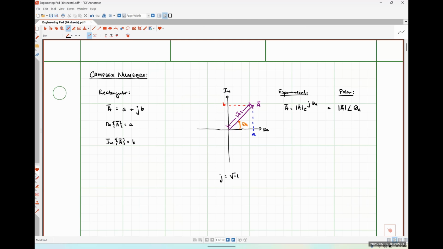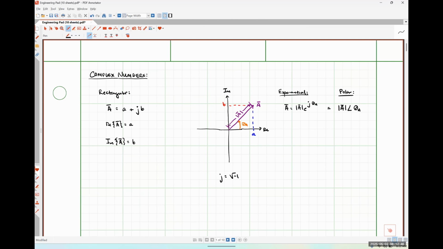So let's talk now about how we could potentially switch back and forth between these two different relationships by hand, okay? So our complex number, as we've drawn it on this complex plane, is just a simple right triangle, right? So if we want to figure out what the length of that vector is, that's just Pythagorean theorem.